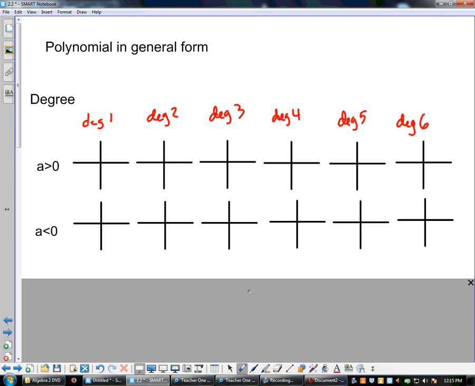You already know that if it's a degree 1 with a leading coefficient positive, remember these are your leading coefficients here. So this one in general would be y equals ax plus b, or you could use mx plus b, but I want to be consistent with a, b, c, d, and so on.